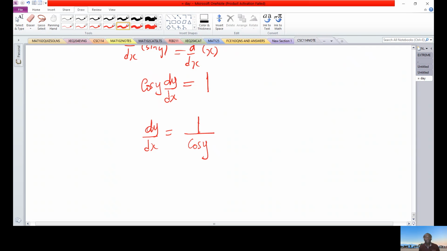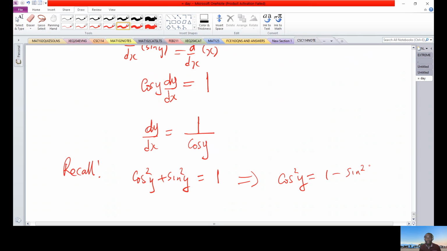So this expression, but remember, we don't want our derivative to be in terms of y. So recall the identity that cos squared y plus sine squared y is given by 1. So from this one, we have cos squared of y is 1 minus sine squared of y, which tells us that to get cos of y, you simply take the square root.